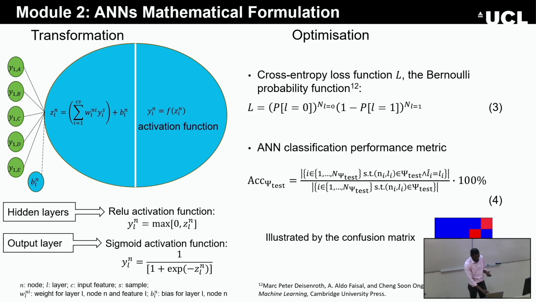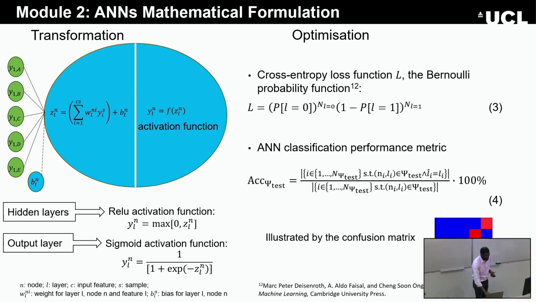But what we need to focus on is the ANN performance metric we have used, which is accuracy. This is what we monitor to see whether the network is performing optimally or not.